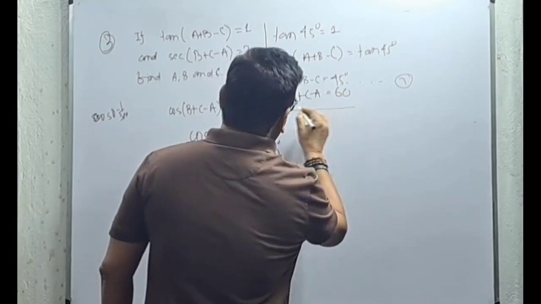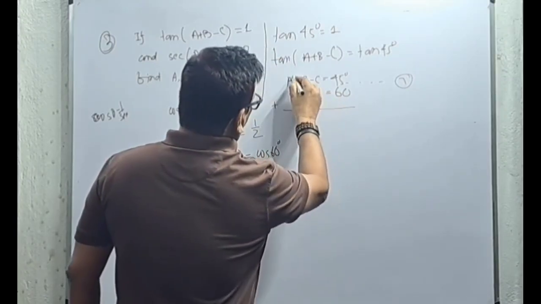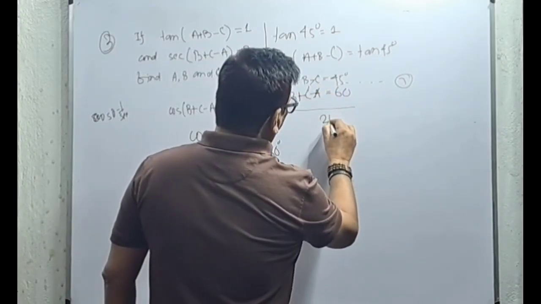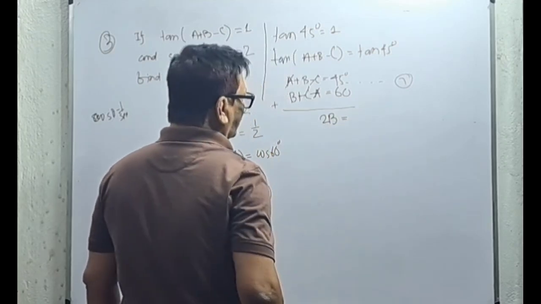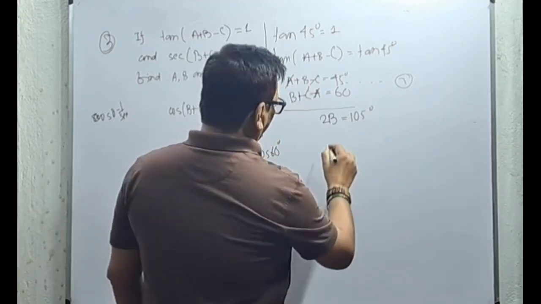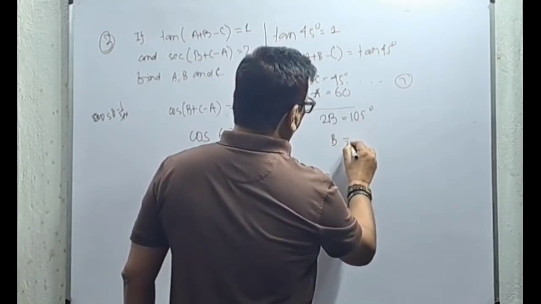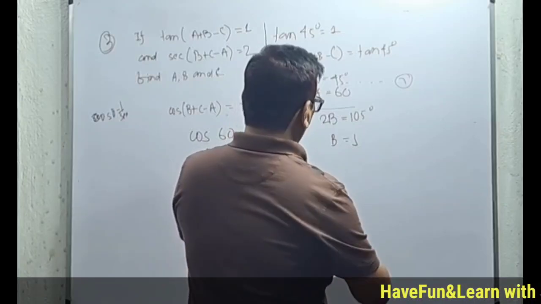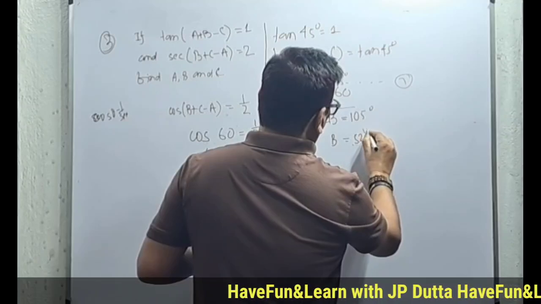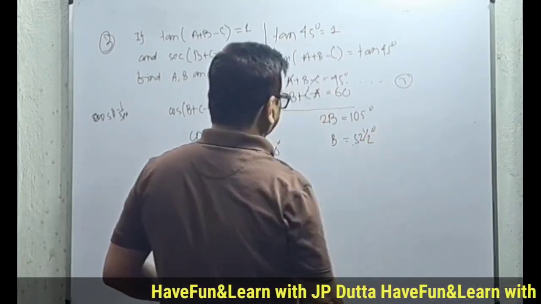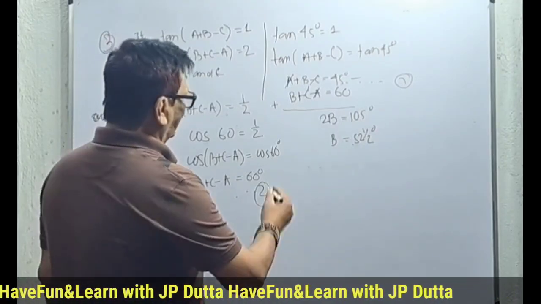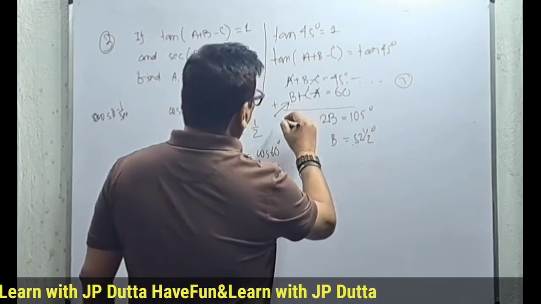Now if we add, A cancels out, C cancels out, we get 2B is equal to 105 degree. So B is equal to 52 and a half degree. Correct? So you have got B is equal to 52 and a half degree. Now we take up this equation, right?